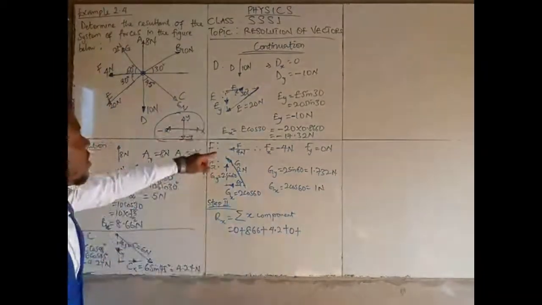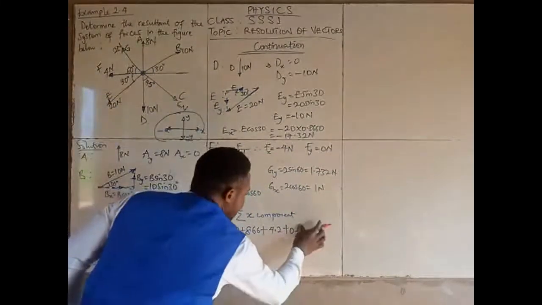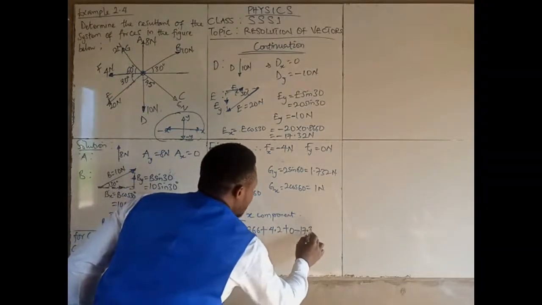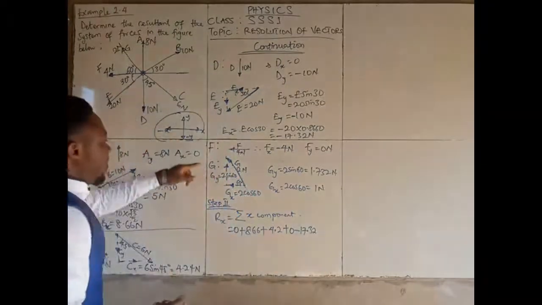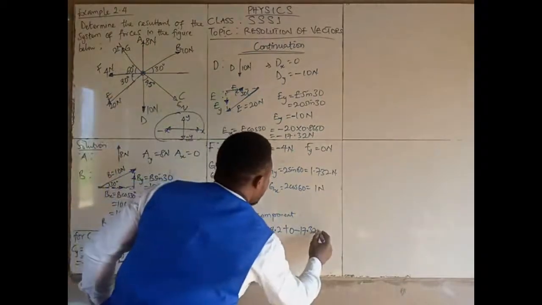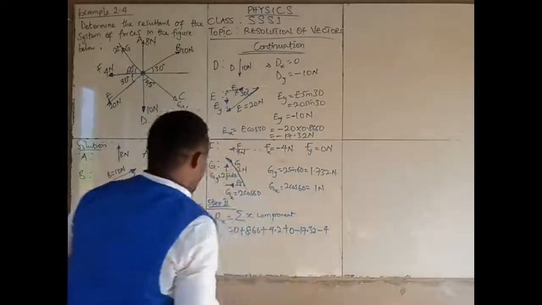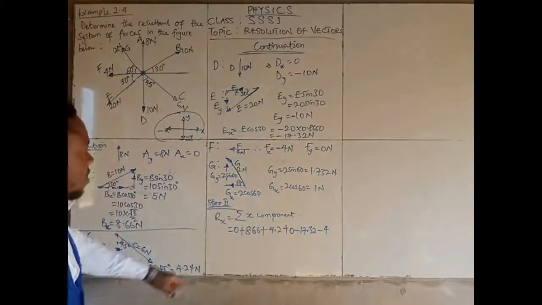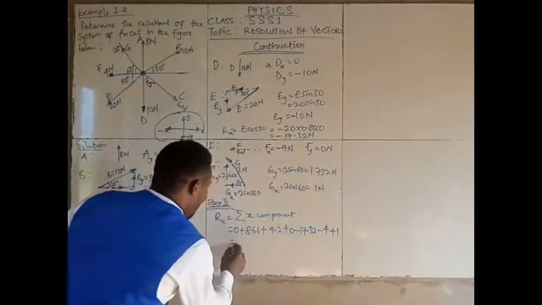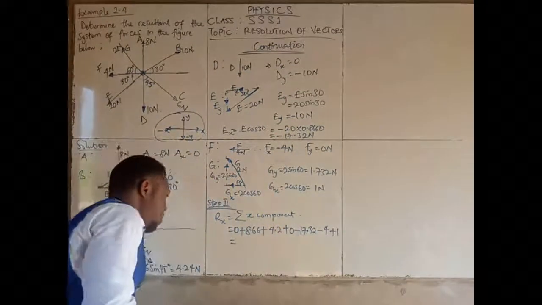For E, minus 17.32. F is also negative, minus 4. Then for G is 1, that is plus 1. If we add everything together, we will get a value.